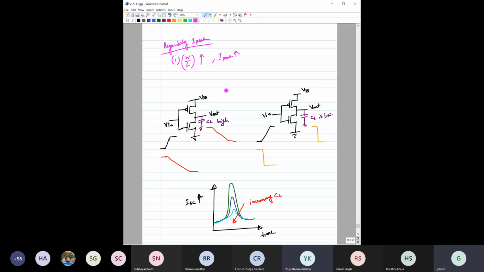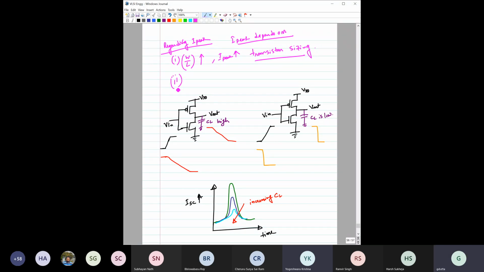So I peak depends on the W by L ratio, or the transistor sizing.